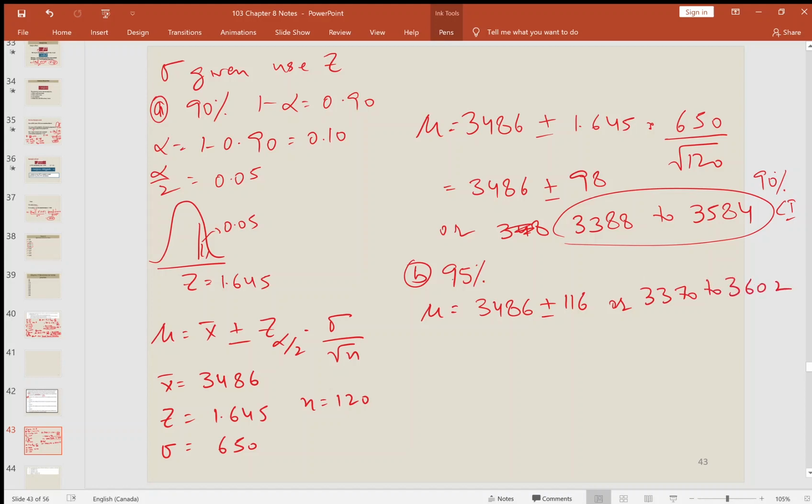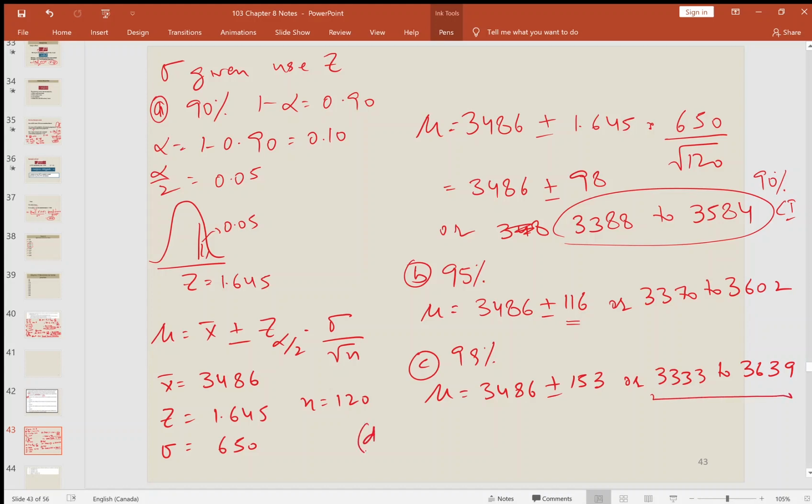Because when we increase the confidence level to 95%, the z-score is going to change, and that will change your margin of error. And then in part C, at 99% confidence level, mu is going to be 3486 plus or minus 153, or 3333 to 3639. So that's the 99% confidence interval.